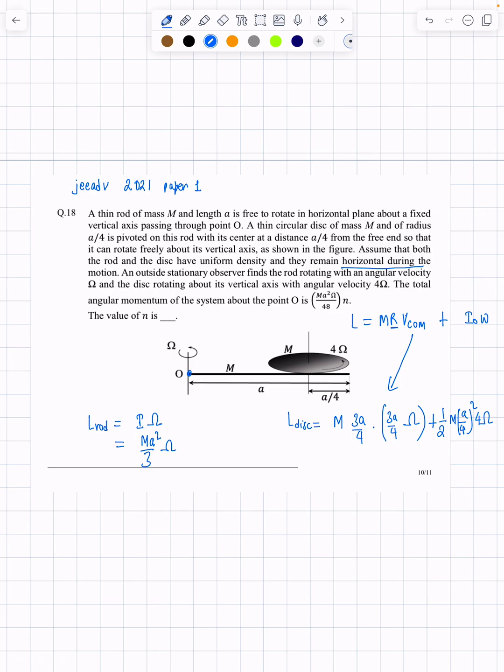So the first term is 9 over 16 ma square omega. Then this is 1 over 8 ma square omega. So the total angular momentum, you add all the three terms.